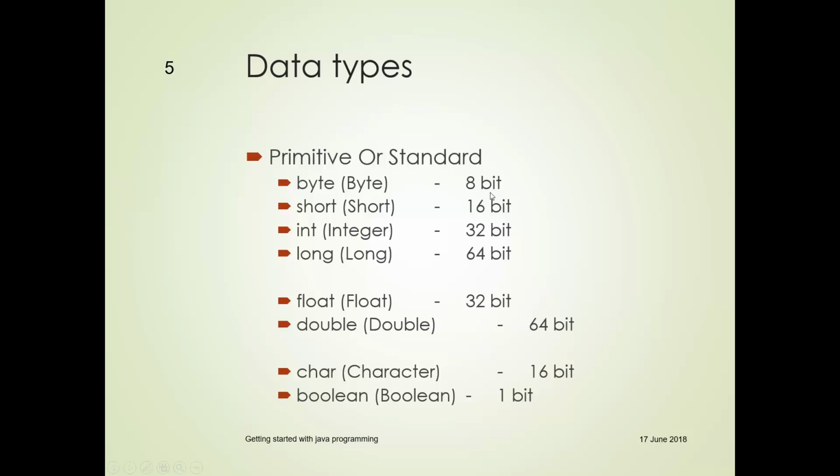The other one is called short, which is double the size of byte, that is 16 bit of data. The int, which we have just seen, allows you to store 32 bit of data.